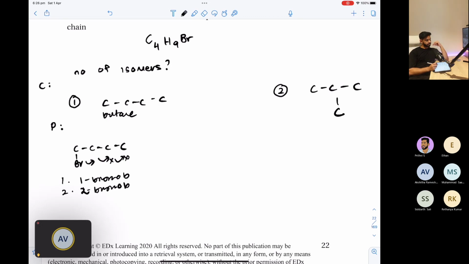Sid, onto you with number 2. What are the different positions that we can have for our 2-methylpropane? So you can have it in the first, on the methyl group as well. Good. What would it be called then if it was here?